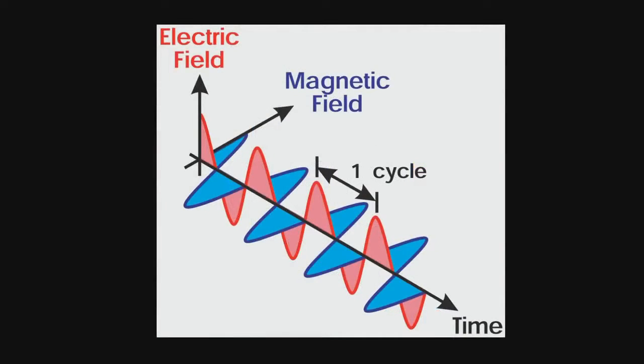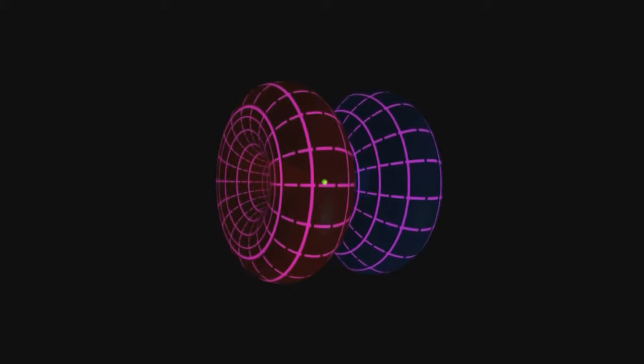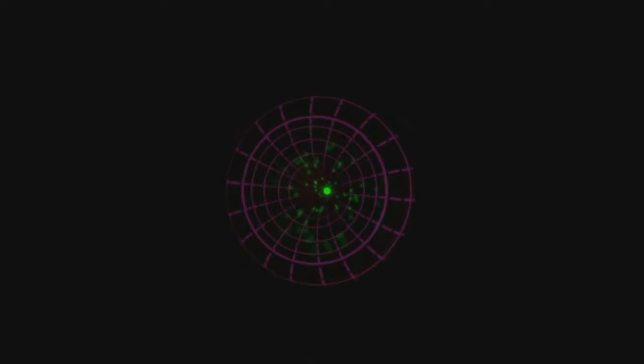This is a diagram of the electric field and the magnetic field of all electromagnetic radiation. One more clue for us to use. Here we have the structure of one unit, or quanta, of electromagnetic radiation. The red field is of north polarity and the blue field is of the opposite polarity.